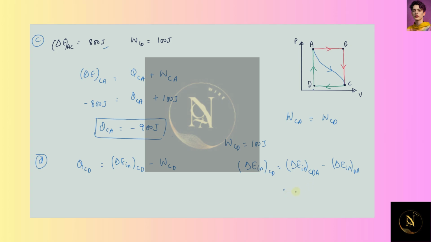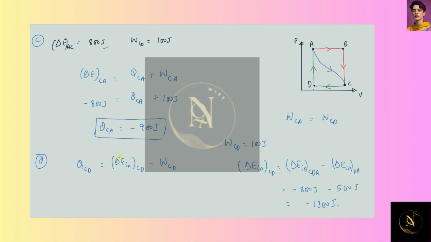But here we have to take a negative value, because in the question the change in internal energy for ADC was 800. If you calculate for CDA, it will be minus 800 joule, and for DA it is given as 500 joule, but the negative sign is there, so minus 500 joule. So after simplification we will get minus 1300 joule.